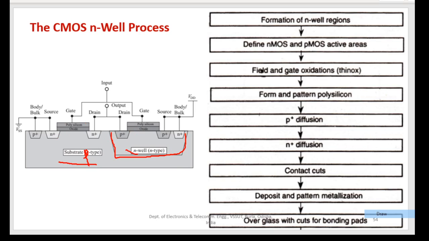right? And this one P plus region is used for giving the connection to the body or bulk or to the substrate. And this N plus region will be used for giving connection to the N well region. So this is connected to VDD or power supply, and this is connected to the ground, right? The two drains are connected common, and this will give us the output terminal.